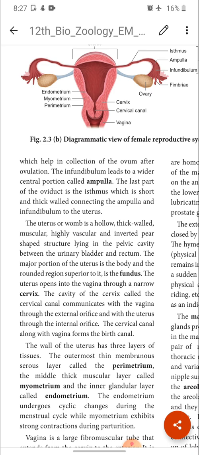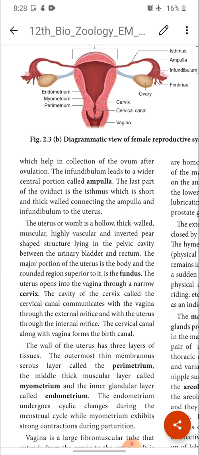The infundibulum consists of finger-like structures called fimbriae. The fimbriae receive the egg from the ovary after ovulation, and then the infundibulum leads to a wider part called the ampulla, where fertilization takes place. Here only fertilization takes place, noted, children.